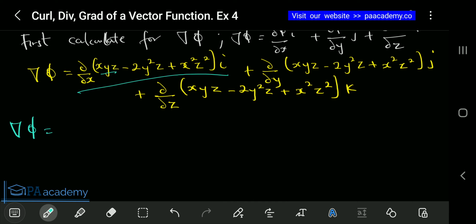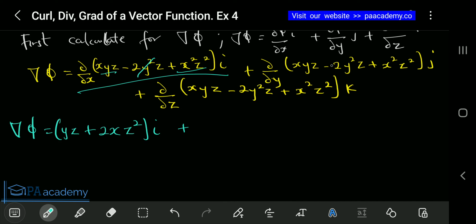That will be yz. The next term will be 0 because we don't have x there. For the last term, we already have x squared, and if you differentiate x squared, that gives us 2x, then z squared remains as a constant. So that will be plus 2xz squared. We can close this and put our i.